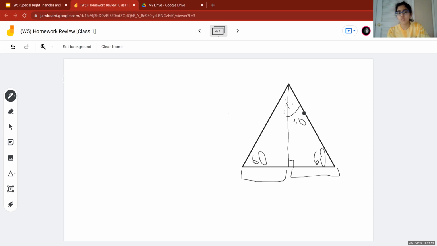And then this is the whole side length of that triangle. So let's just say the half length of that whole side is x. Then this must be 2x, as Yolanda wrote. So we now have a right triangle with a leg length of x and a hypotenuse length of 2x.